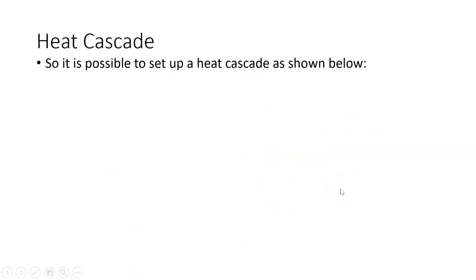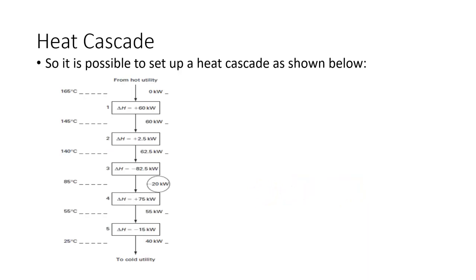So it is possible to set up a heat cascade as shown below. In the first heat cascade, say for example, I don't supply any hot utility. That is, I just let the 60 kilowatt in interval 1 remain as it is and I transfer it to the second interval.